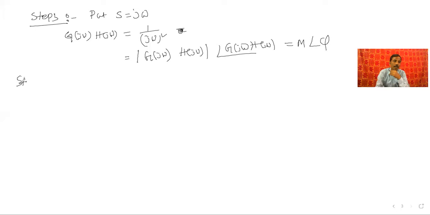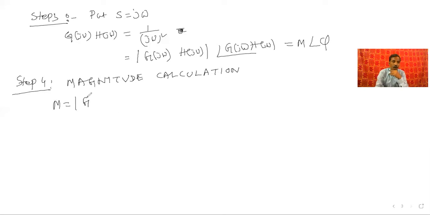So step number 4, magnitude calculation. Magnitude M equals mod of G(j omega)H(j omega), equivalent to what?